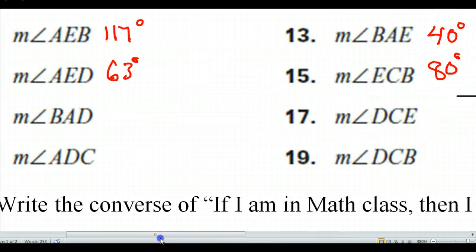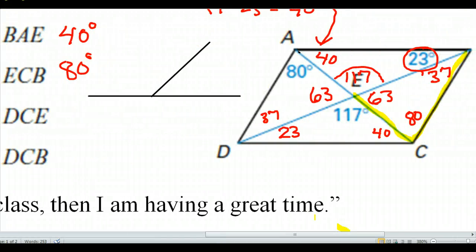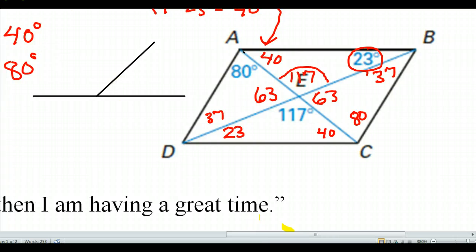Okay, number 16. Angle BAD. Okay, can everybody see that angle BAD is a big angle? It's not one of the ones that we have an actual number written for. Angle BAD is the combination of two angles. What two angles am I going to have to add, Tyler?